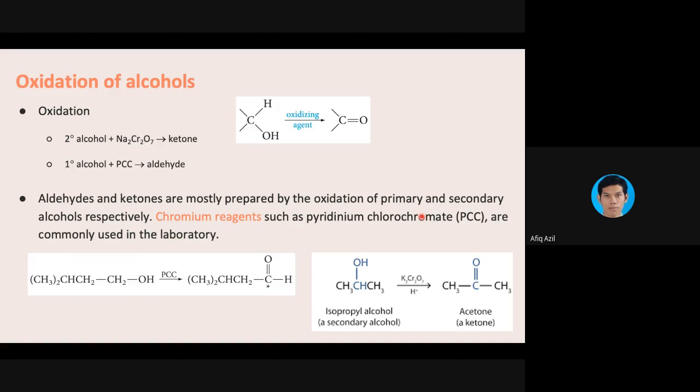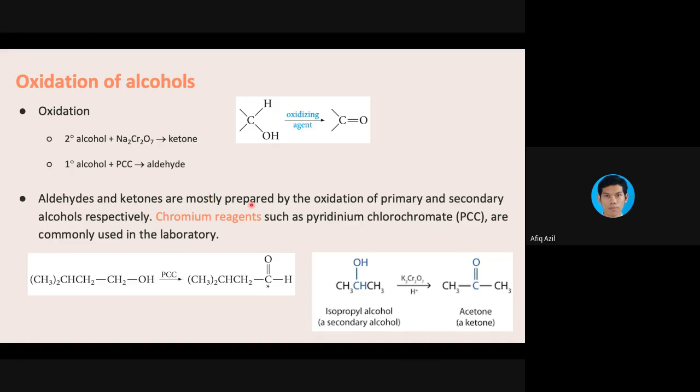A secondary alcohol will give you ketone, while a primary alcohol will give you an aldehyde. So this reaction will need an oxidation agent. Here we can use sodium chromate, or you can also use pyridinium chlorochromate.